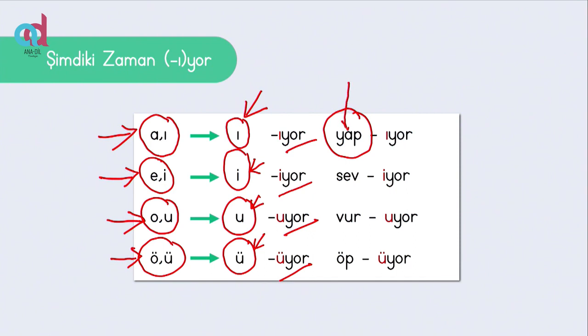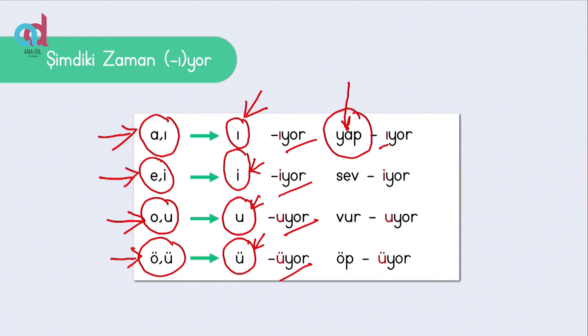What do we have here? An open vowel, a. What do we have to have before the suffix? ı. Say it again: yap, ıyor. Say together: yapıyor. He is doing. O yapıyor.